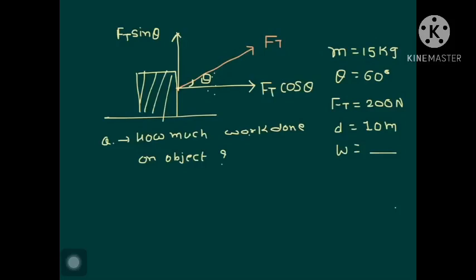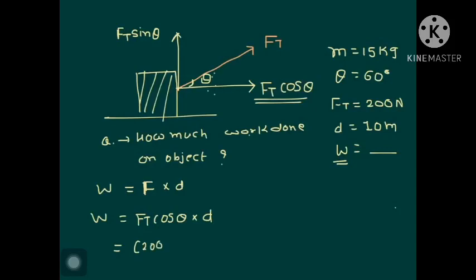First step, what is to be calculated? Work done. What is the equation of work done? Force into distance. So in our case, which force is responsible for the horizontal travel of the object? Ft cos theta. So what value of force should we write? Ft cos theta into the distance traveled by the object. What is the value of Ft?